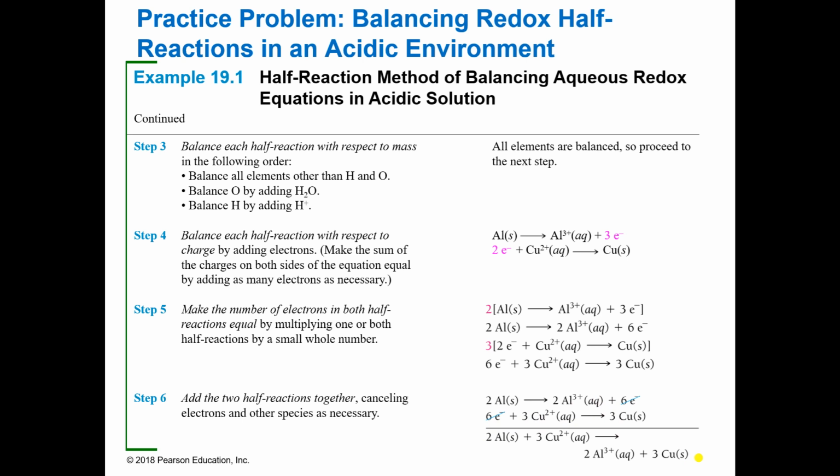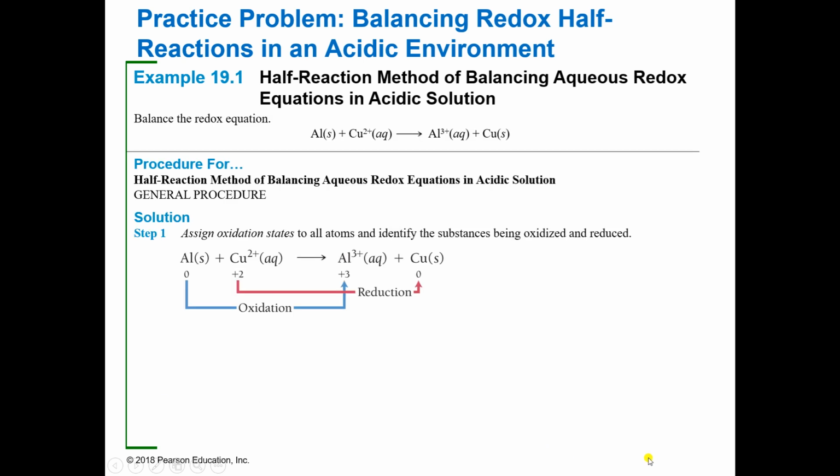Now, to make this very clear, why balancing this way is much more effective and accurate than just our regular ordinary way of balancing. If you look here, there's 2 aluminums, 3 coppers. If we go back to the original, up here, 1, 1, 1, 1.